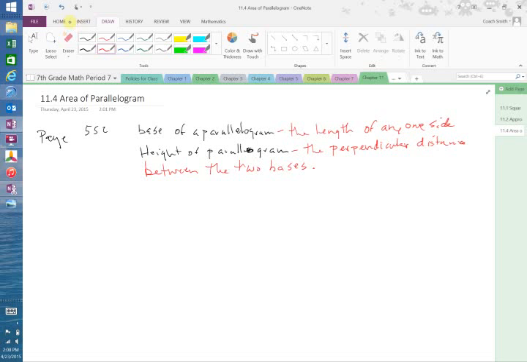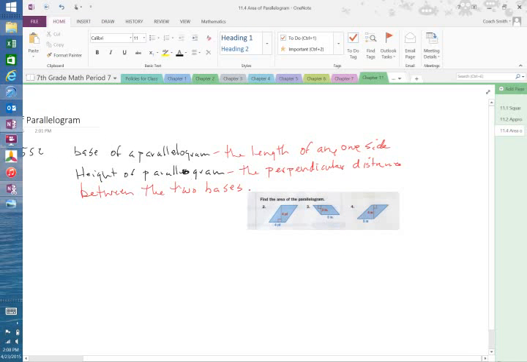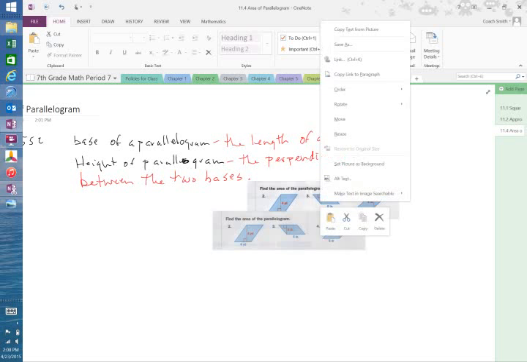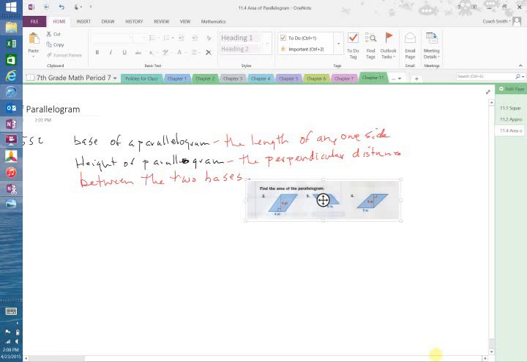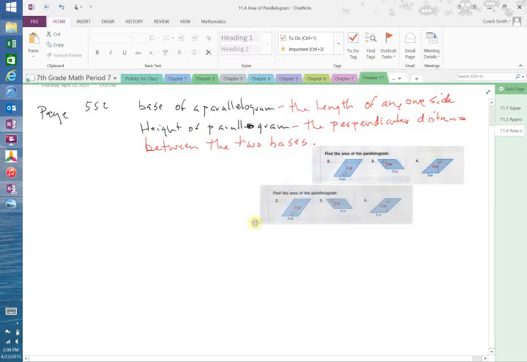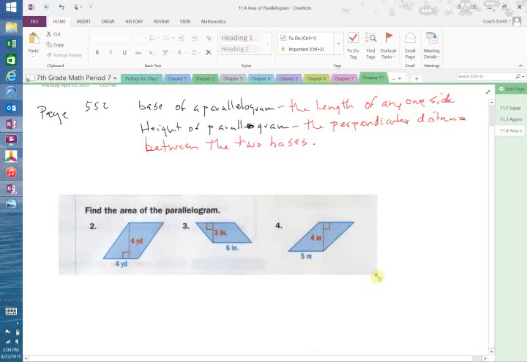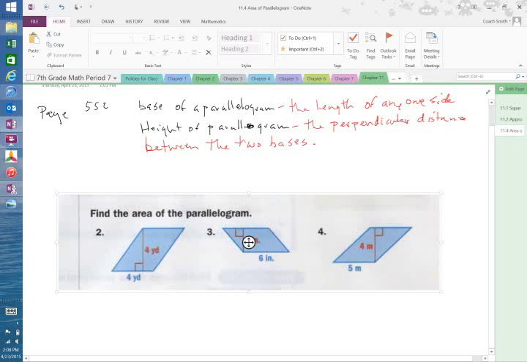As we look at area of a parallelogram, all right.